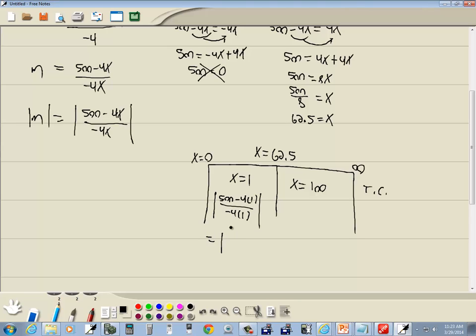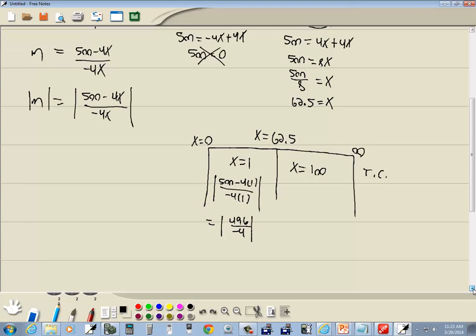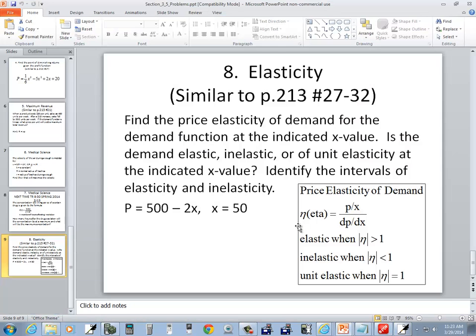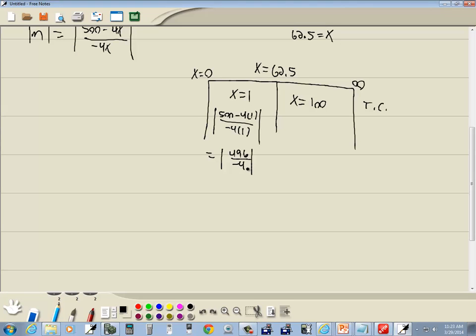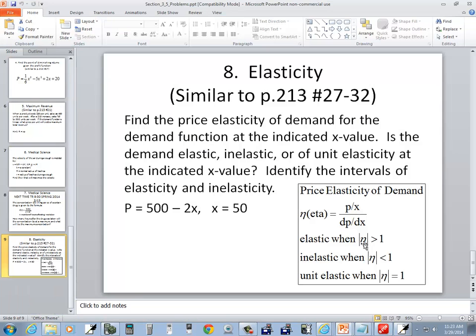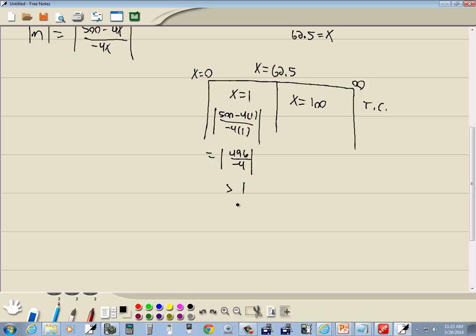So we've got the absolute value of 500 minus 4, which is 496, over negative 4. We're looking to see if it's greater than 1 or less than 1. I don't know exactly what this is going to give us, but I know it's greater than 1, and that's all we have to determine. If it's greater than 1, this tells us it's elastic.